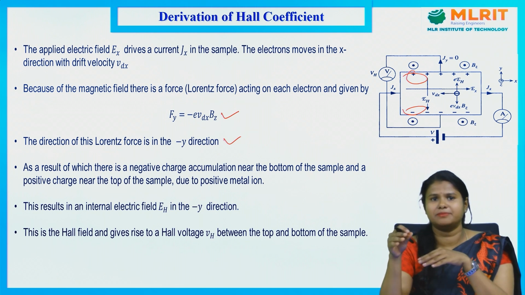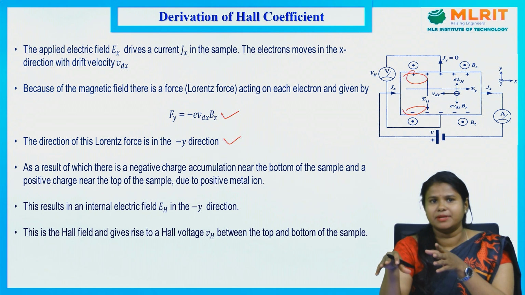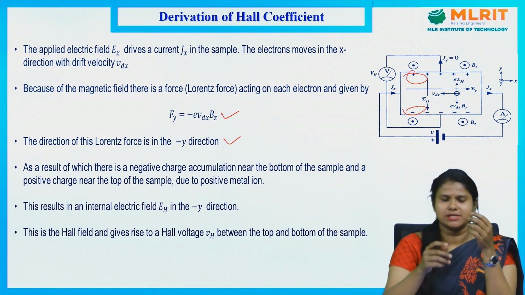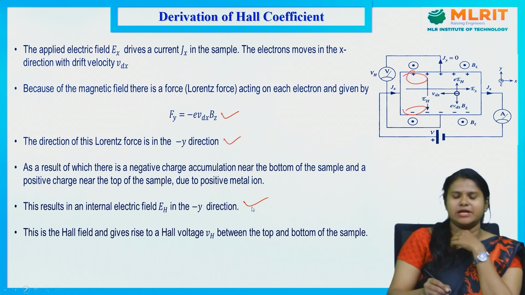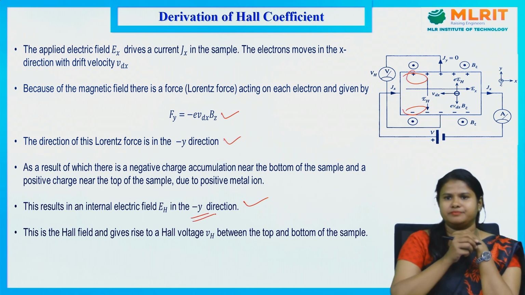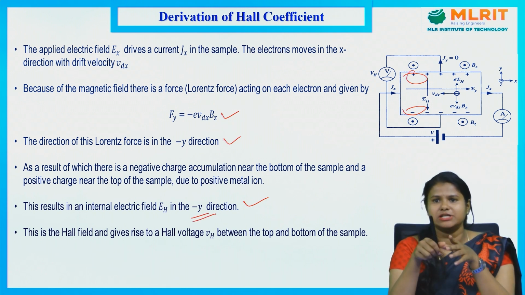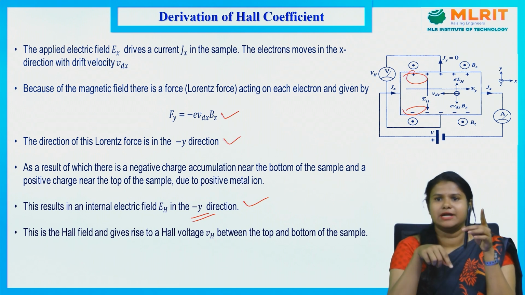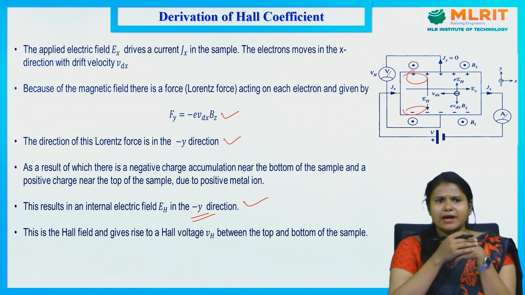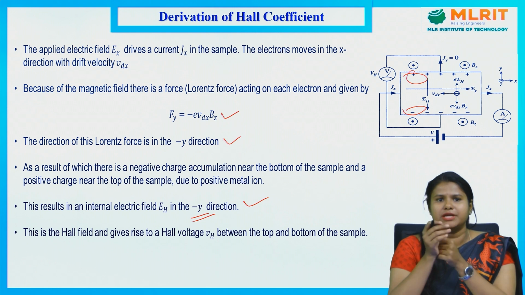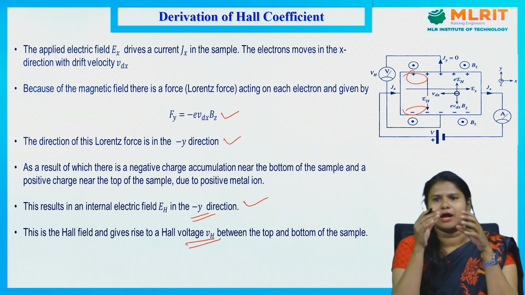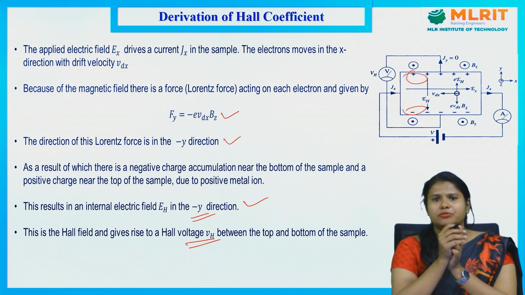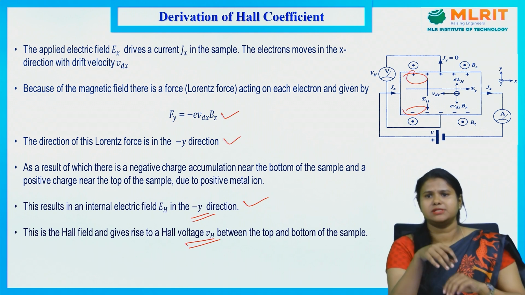As a result, a field will be developed inside the sample, which is known as the Hall field, and this Hall field will be in the negative y direction. This Hall field will give rise to a voltage which is known as the Hall voltage, and that Hall voltage will be developed between the top and the bottom of this sample.